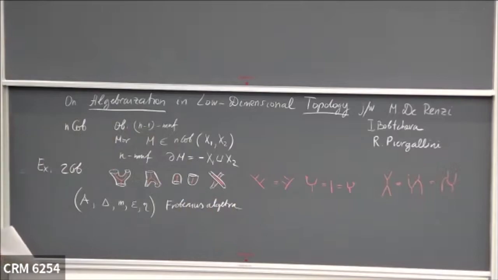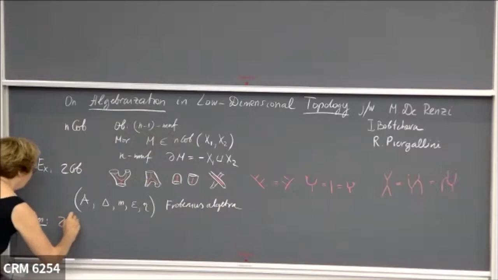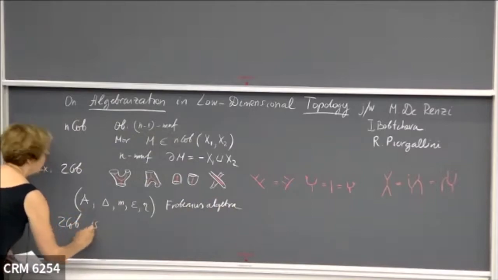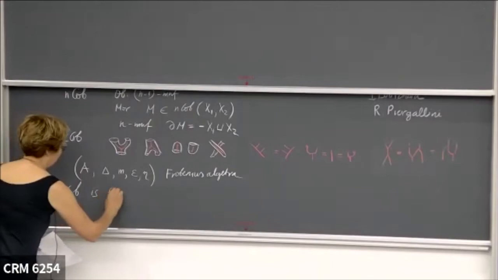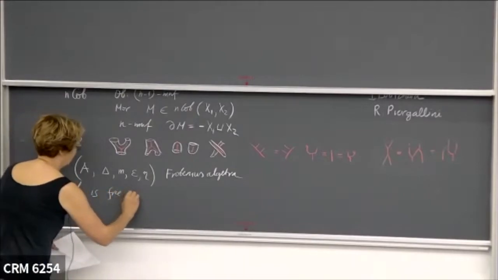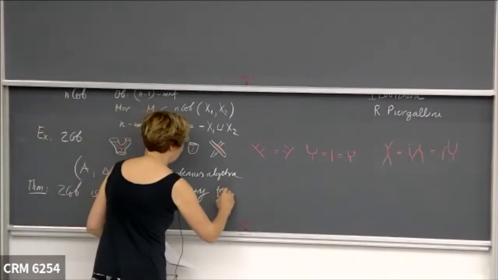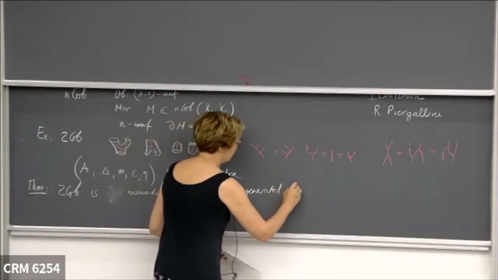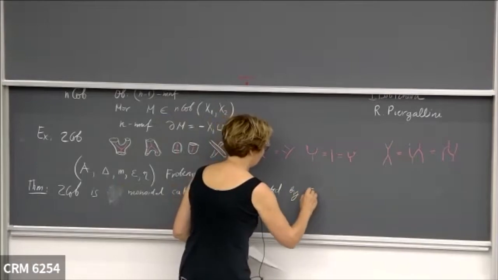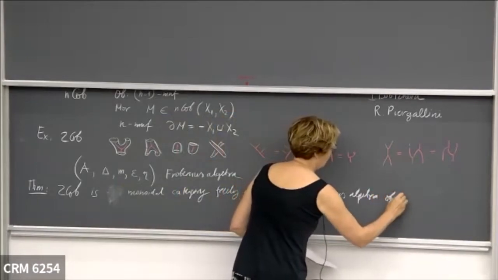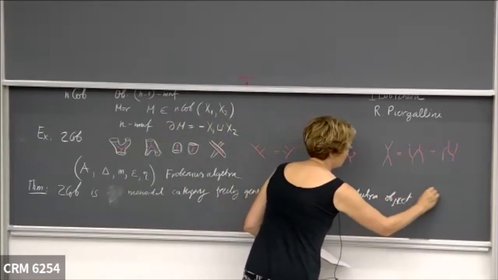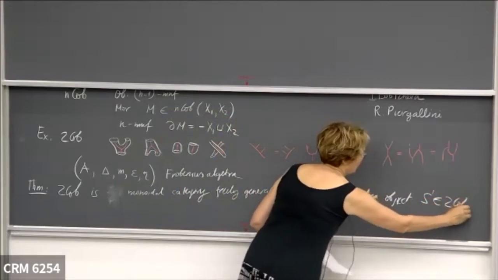And putting all this together, you will obtain the theorem that this 2-cobordism category is a monoidal category freely generated by its Frobenius algebra object, which is just the circle.